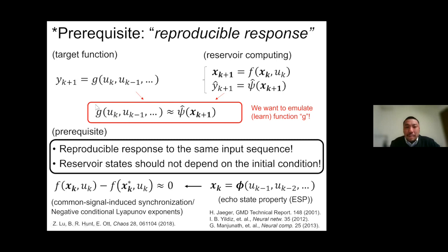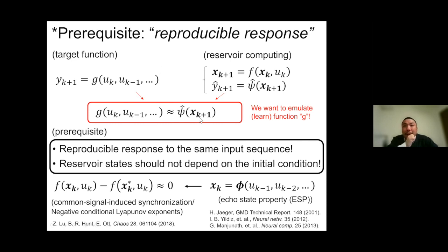This is the target function that we want to emulate by using a recurrent neural network, the reservoir system. In the reservoir system, we have input-driven reservoir dynamics. Using the response, by adjusting this psi, we want to output this one. So by using this input-driven dynamical system, we want to emulate the G. This is what I have been explaining in the previous slides.